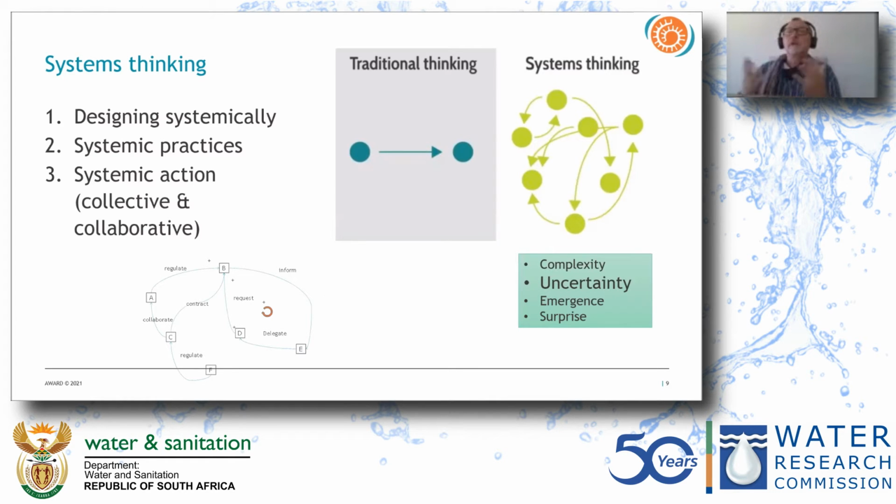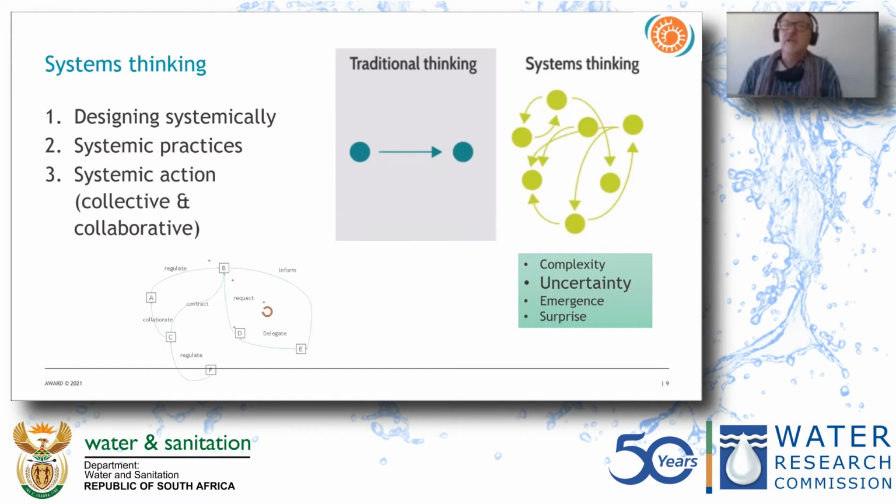Traditional thinking, in the picture to the right, is about linear approaches, cause and effect, moving from one point to another, whereas systems approaches mean one has to address many different things in a particular context and many different relationships between these components. At the same time, you need to address complexity. So it's a complex situation.